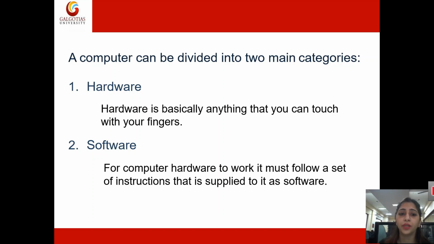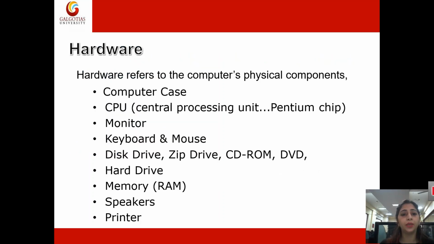Okay, and what is software? For computer hardware to work, it must follow some set of instructions, and this set of instructions that is supplied is known as the software. We'll talk about these things in detail in some time.